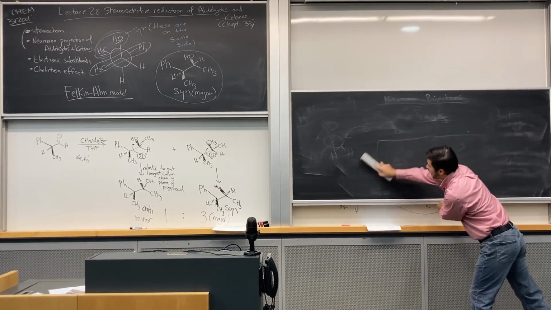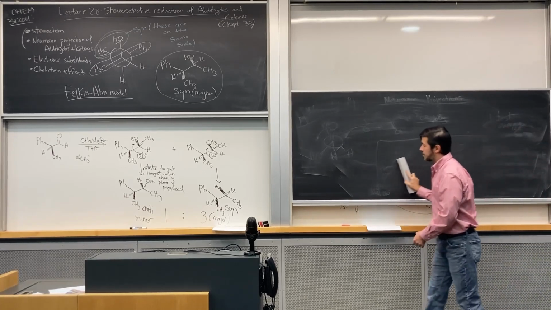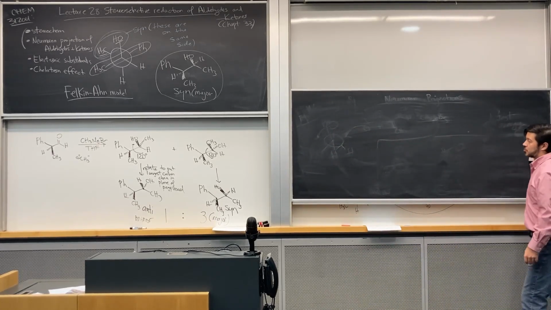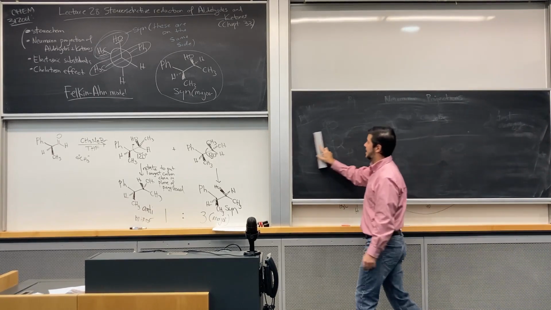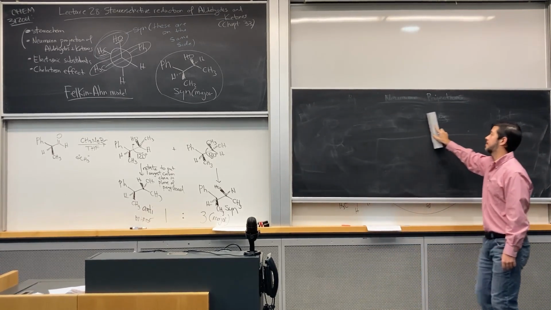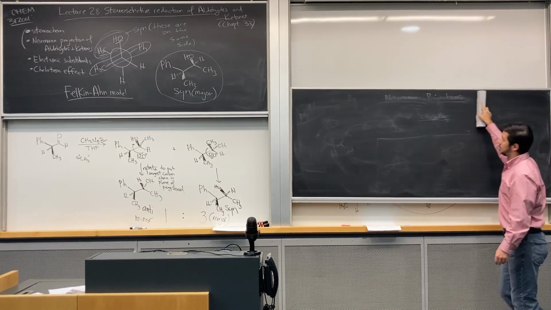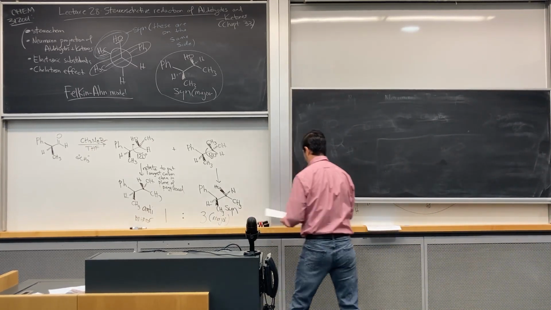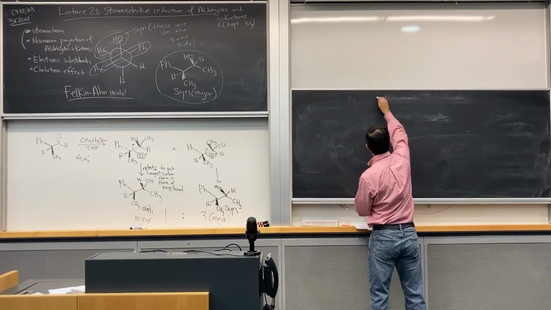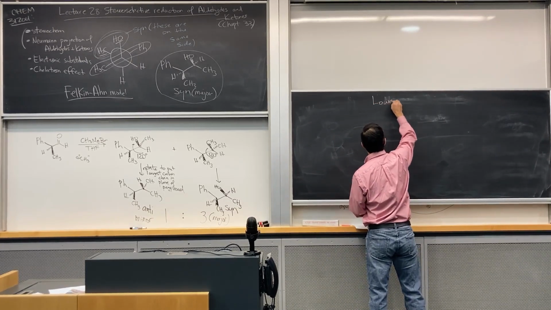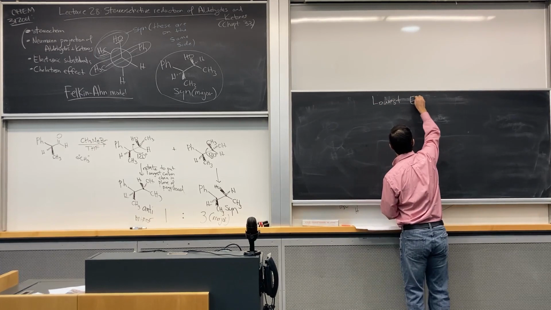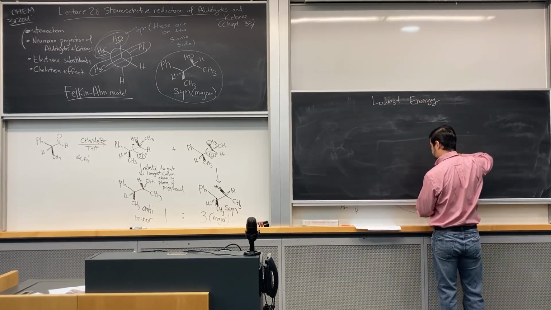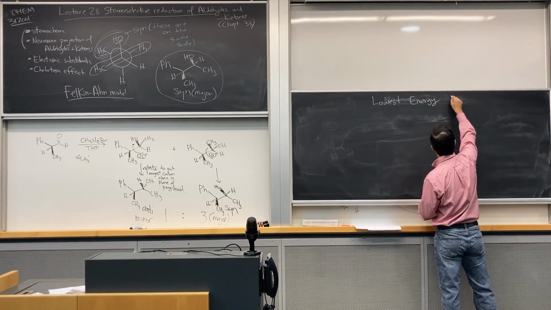In this case, we were looking at the lowest energy conformers, where you have 3 different substituents on the carbon adjacent to the aldehyde that was attacked. So here we're going to look at the lowest energy conformation of a carbonyl compound.